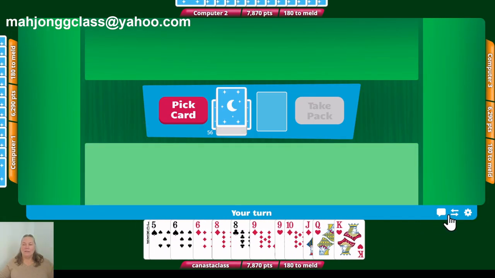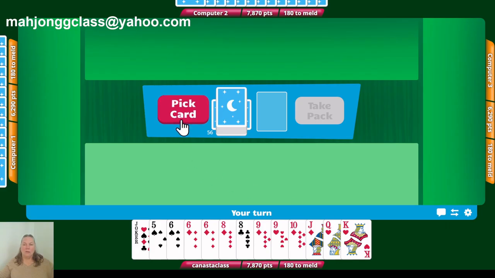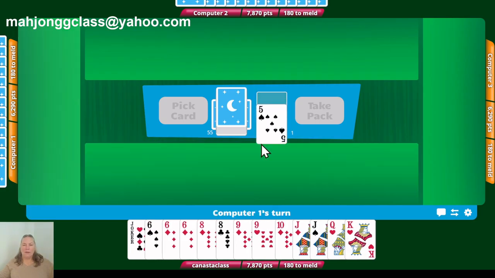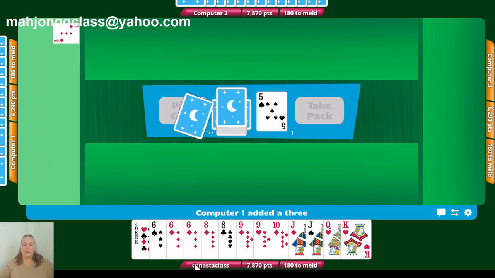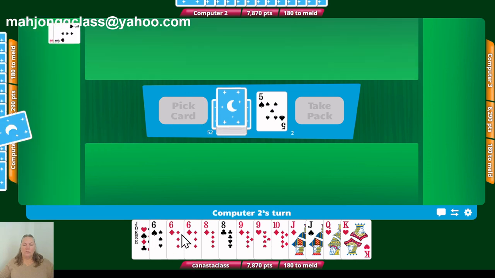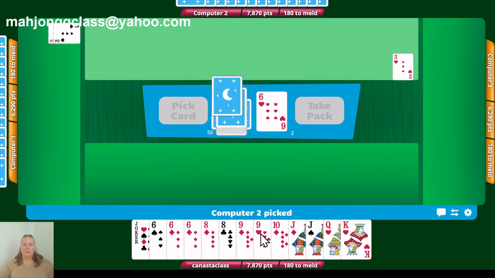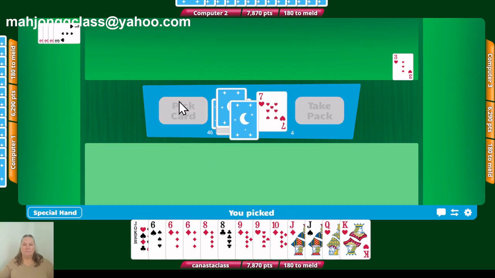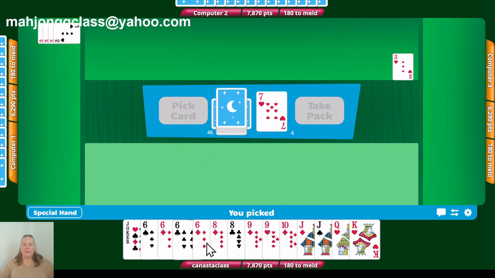Sort by rank. Pick a card for your turn. If you had 3s, you would have put your 3s out. Look for the potential of a special hand, maybe zip code. Let's get rid of a 5. That's 1 7. So there's 4.